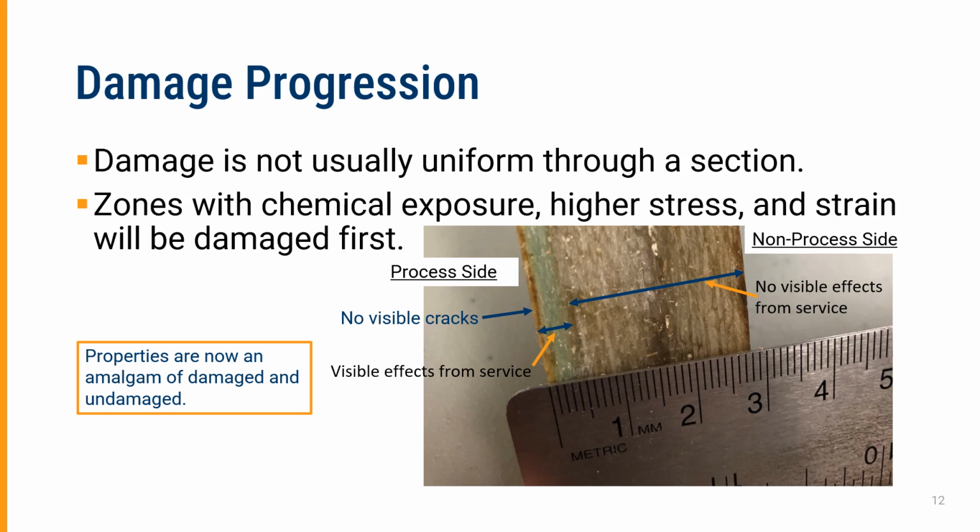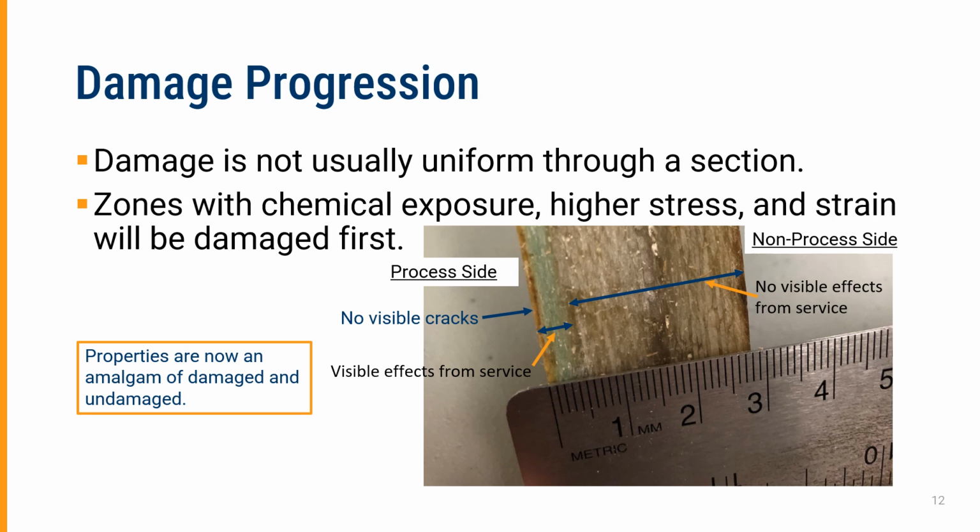Damage progression is not usually uniform through a section. Just like thickness loss in steel, where thickness loss is generally initiated at a surface that is affected by some process condition, we have the same thing happening with FRP.